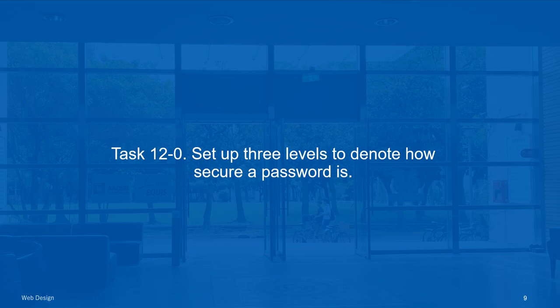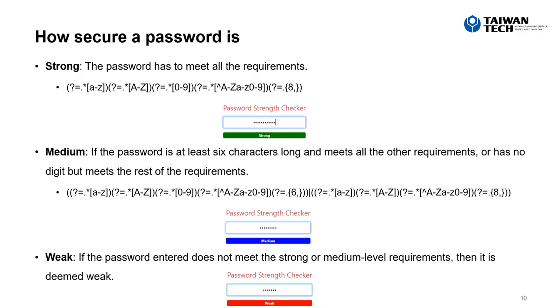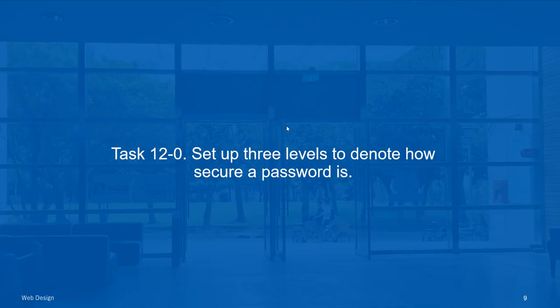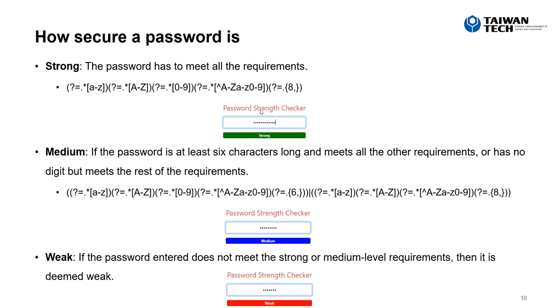Okay, so now we'll come to our new task. Set up 3 levels to denote how secure a password is. For example, a password strength checker: this one is strong, this one is medium, this one is weak.